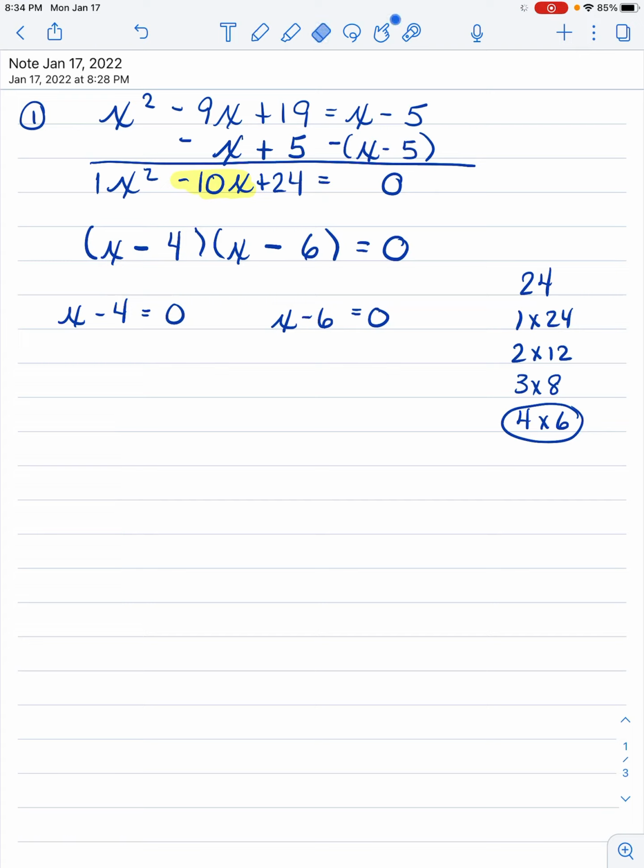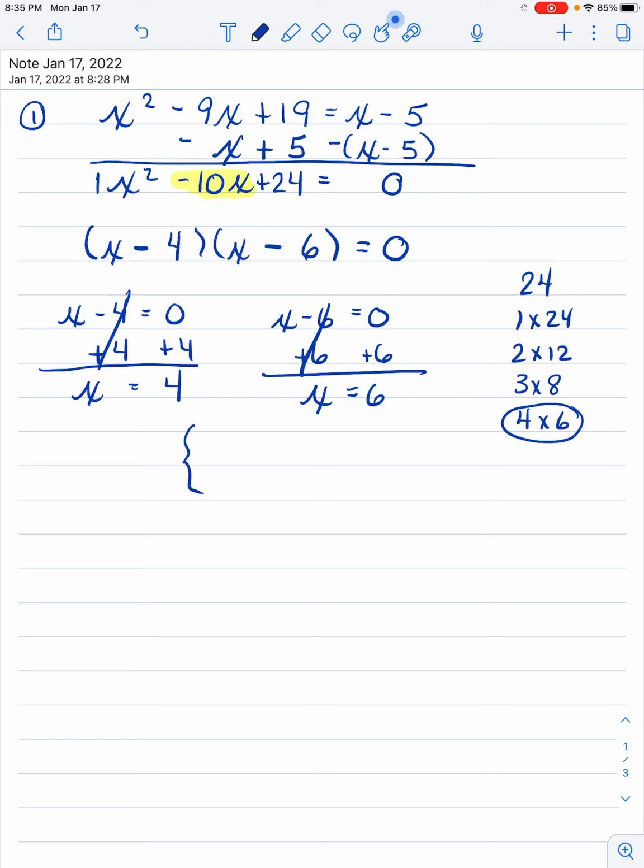I'm going to isolate x by adding 4 over here, and that's going to give me x equals 4. And over here, I'm going to isolate x by adding 6 to both sides, and this is going to give me x equals 6. So the solution to my quadratic is going to be 4 and 6.